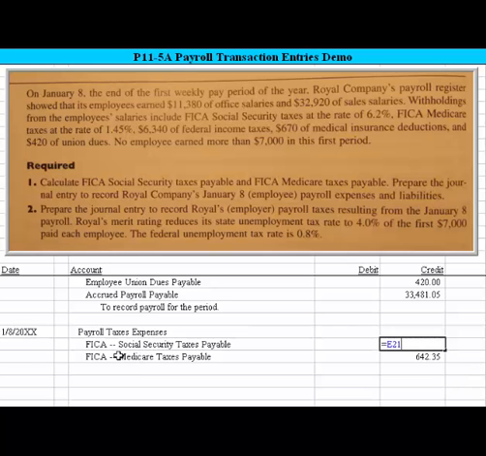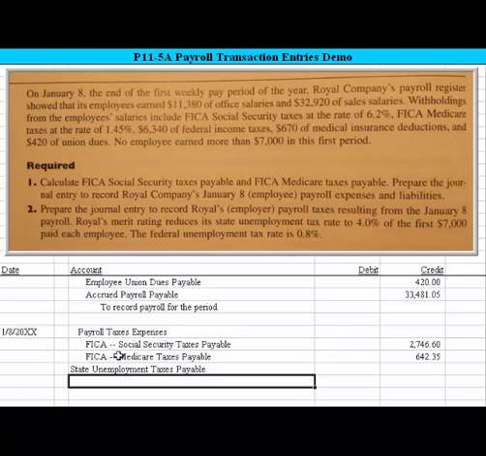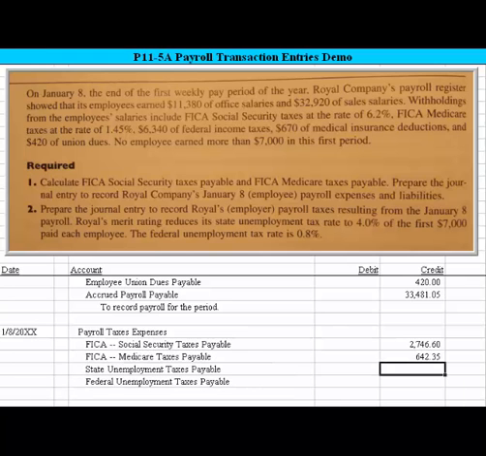Okay, so now all I've done is reference the cells from above. There's no reason to see the calculation. We've covered that in part 1. Then we also need to record the state unemployment taxes payable. And I'm going to copy that down and just change the first word. We need to record the federal unemployment taxes payable. Alright, so how would we calculate the state unemployment?